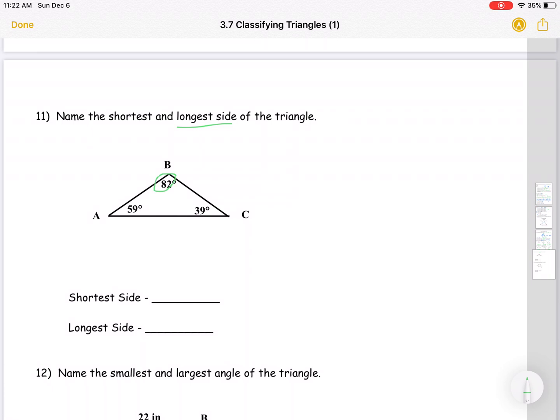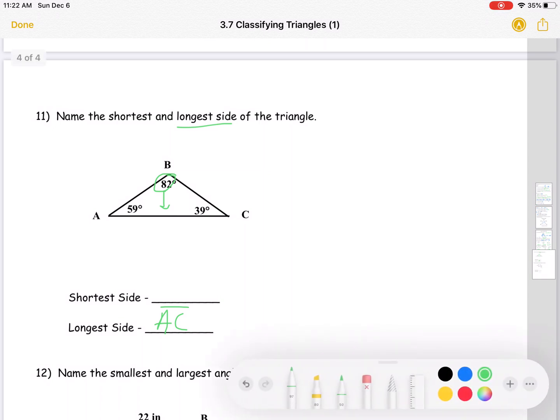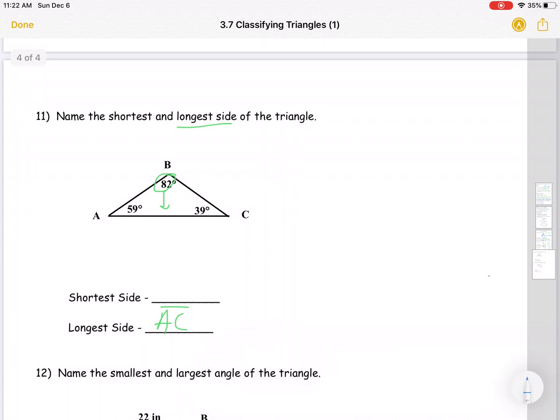So my biggest angle here is 82. The side that is opposite 82 is AC, so that's our longest side. Okay, remember when we're naming line segments, we put the line on top with no arrows on both ends. Our shortest side is going to be opposite our smallest angle. So our smallest angle is 39. So the side opposite that is going to be AB.